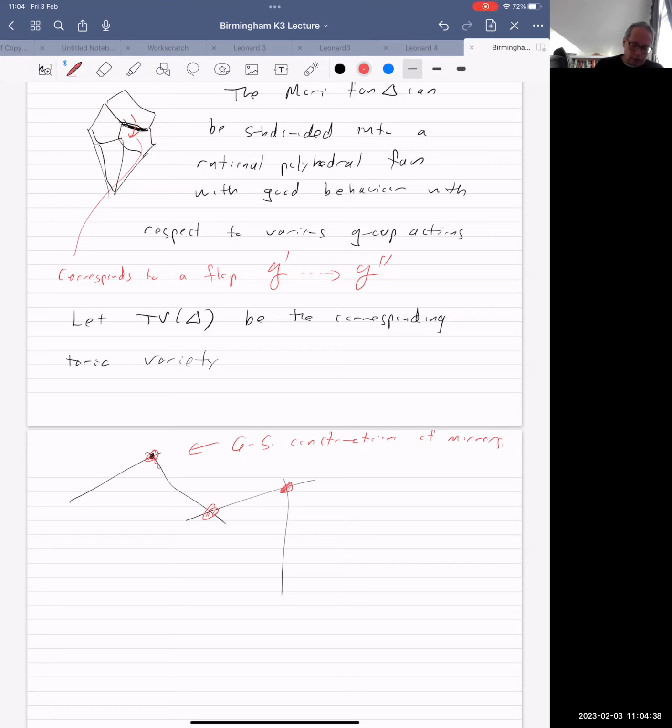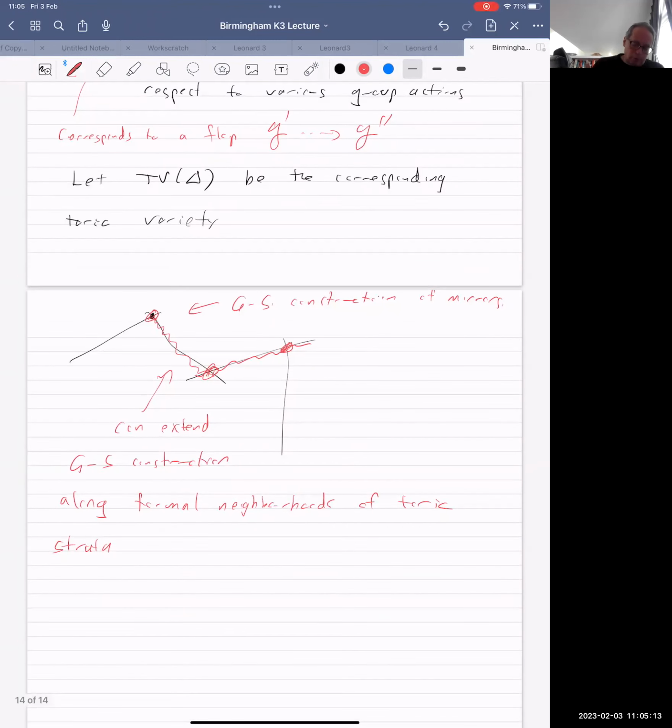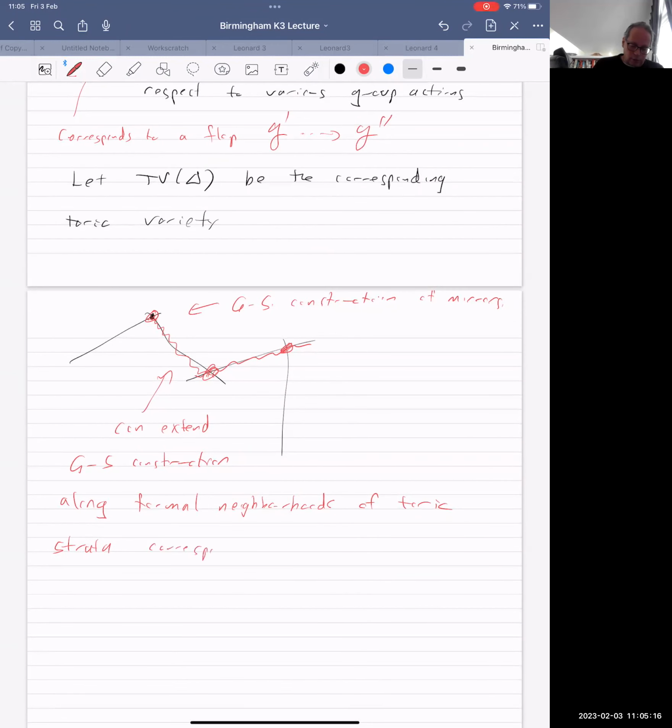So you can now extend the construction along toric strata, or along formal neighborhoods of toric strata, corresponding to smaller dimensional cones in the Mori fan.